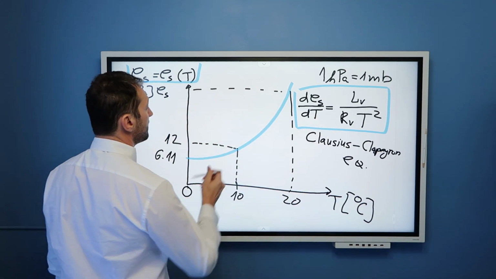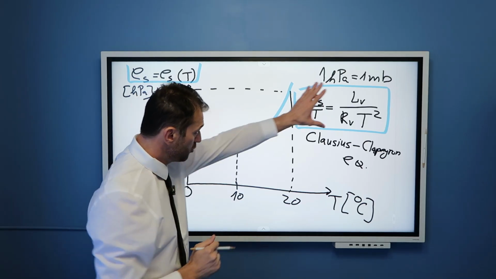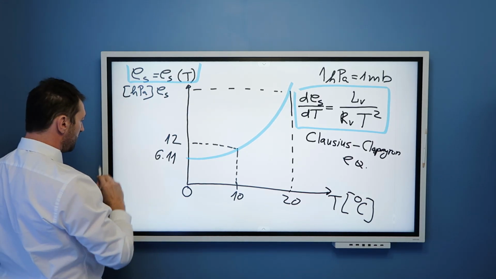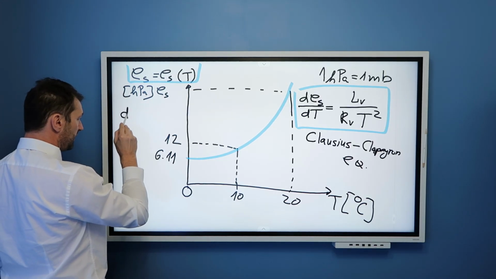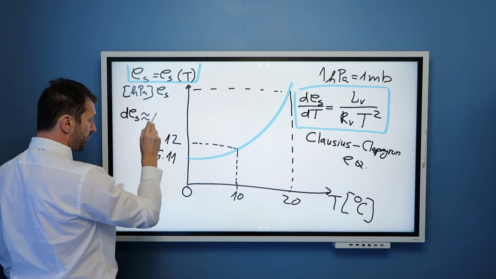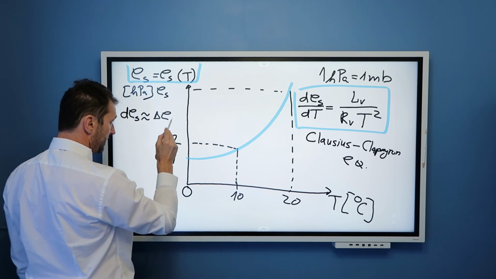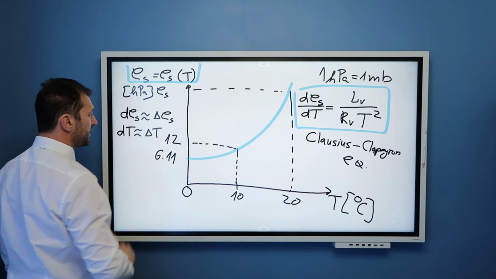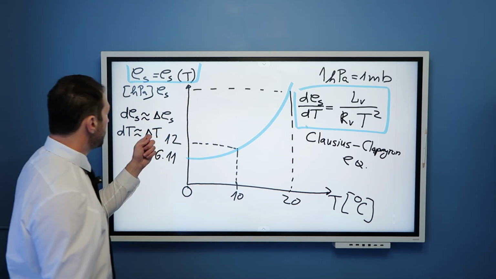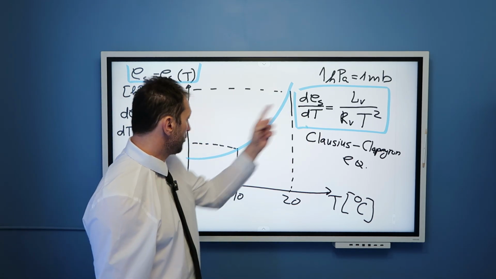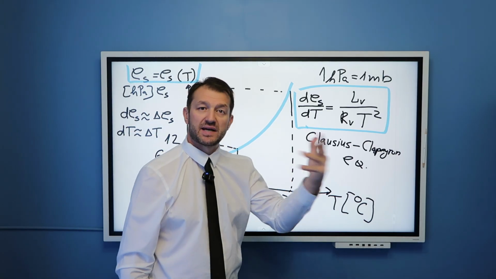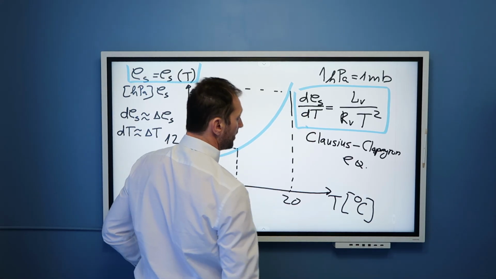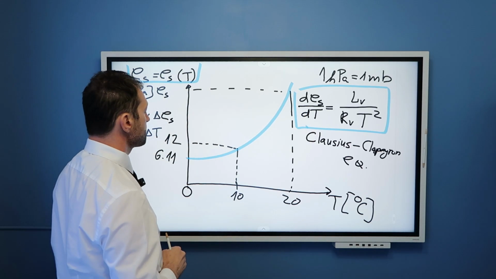But I could say that if you want to use this equation, but you don't know differential calculus, then you can say, let's say here, that dES is approximately some finite difference, delta ES, and dT is approximately some finite difference, delta T. So, for example, for delta T of 1 degree Celsius, you can calculate what delta ES is in pascals. This is an approximation, because mathematically the equation is only analytically correct for infinitesimal differences.